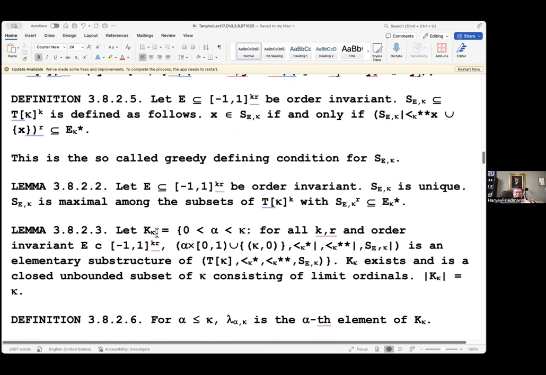And now we have a definition that depends on kappa. This is a juicy kind of set. It's the set of all alpha such that for all K and R, for all order invariant E, this is inclusion, we have that a certain thing is a substructure.